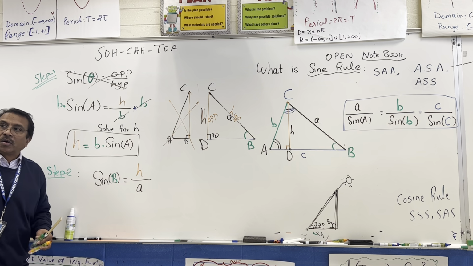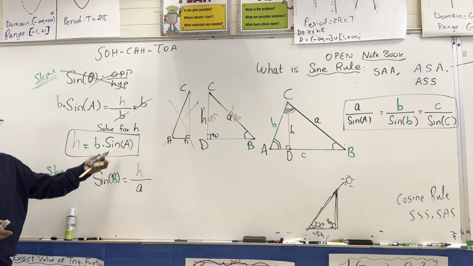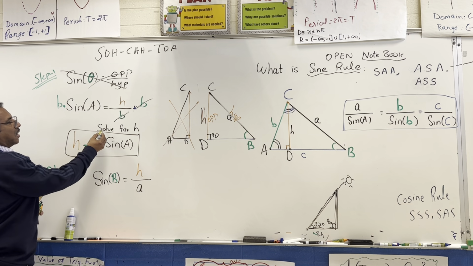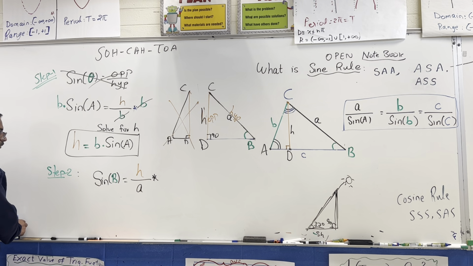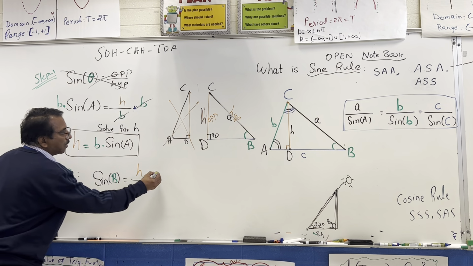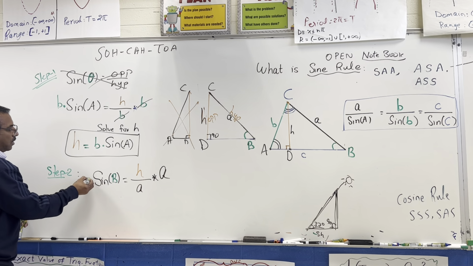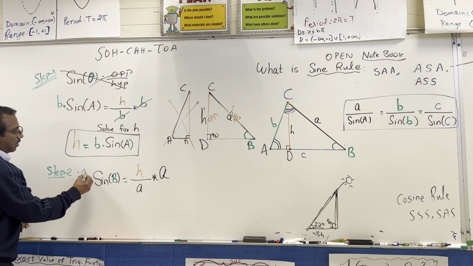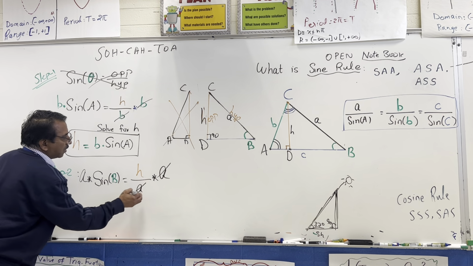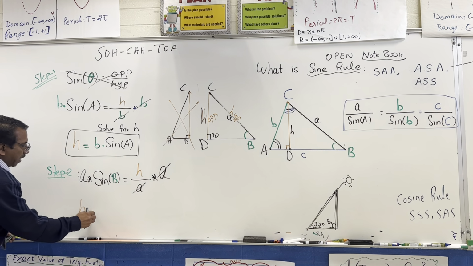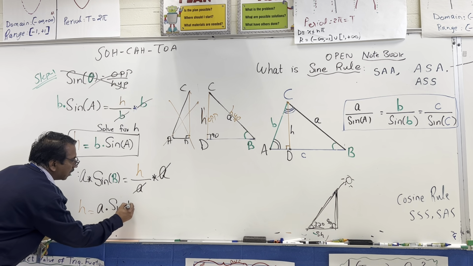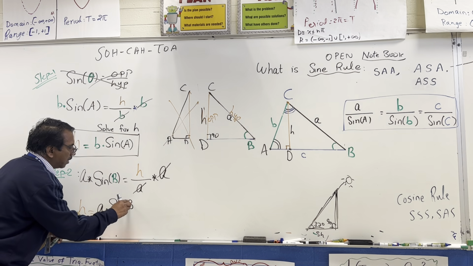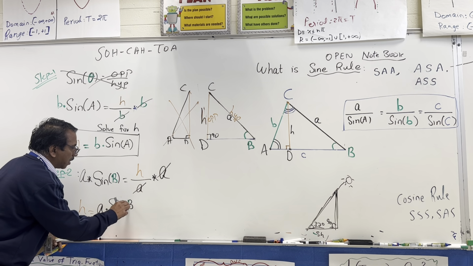And then as Hugo said, solve for H again, exactly like this. So I said solve for H. So what do you multiply this time? Yeah, you multiply the A on both sides, this side, and you multiply A this side. So this A crosses out, and you end up getting H equals A sine B, the green B, okay?